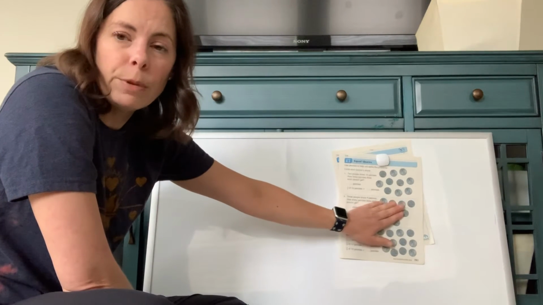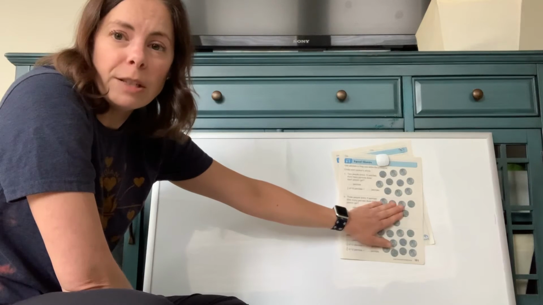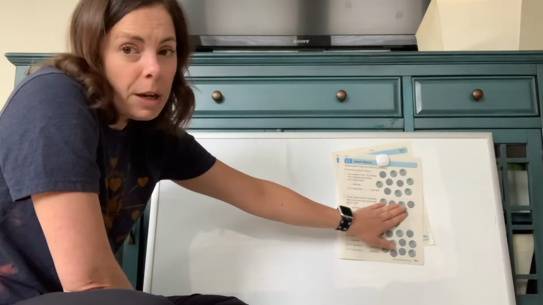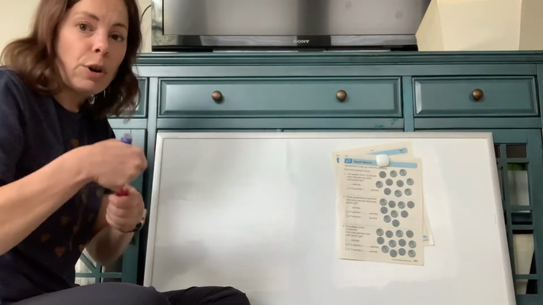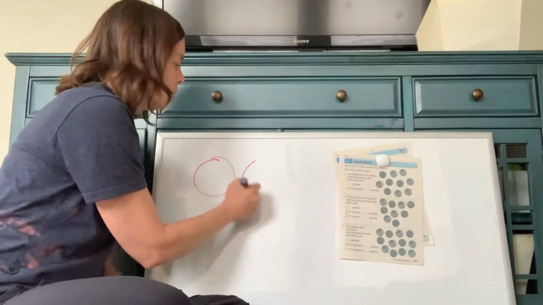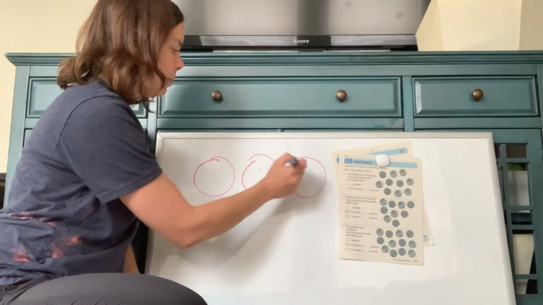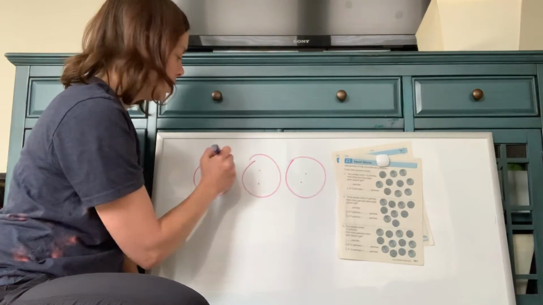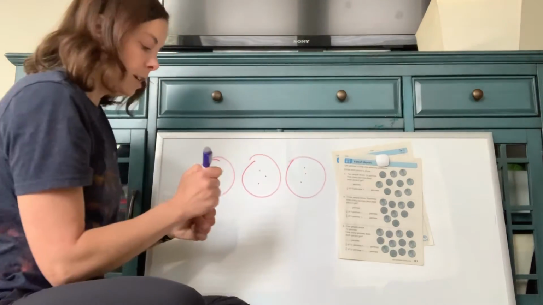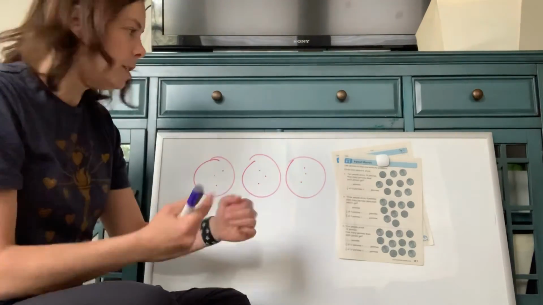So 3 people have to have the same number of pennies. You're going to circle the group. Might be helpful to have 9 pennies of your own and put them into 3 groups. 1 penny, 2 penny, 3 penny, 4, 5, 6, 7, 8, 9. So I can divide my pennies equally.